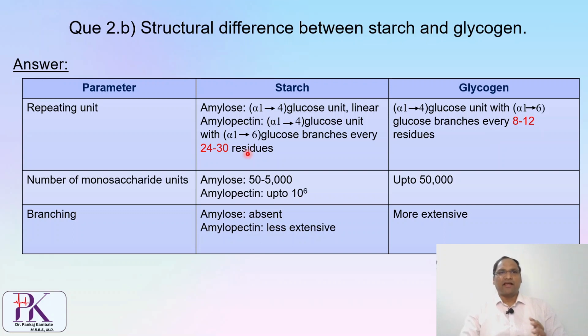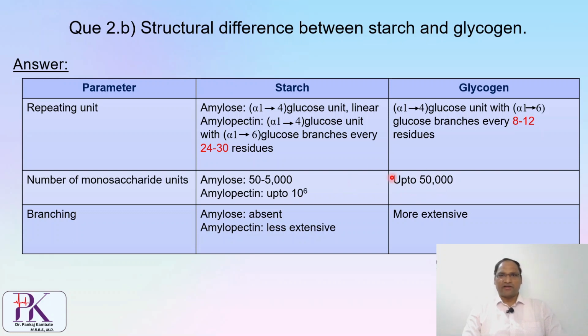The next point is number of monosaccharide units. In amylose, the number of monosaccharide units is 50 to 5,000, and in amylopectin up to 10 to the power 6, that is up to 1 million. In glycogen, the number of monosaccharide units is up to 50,000.